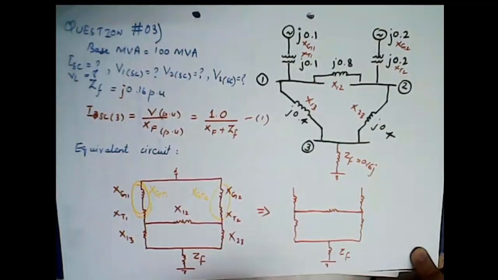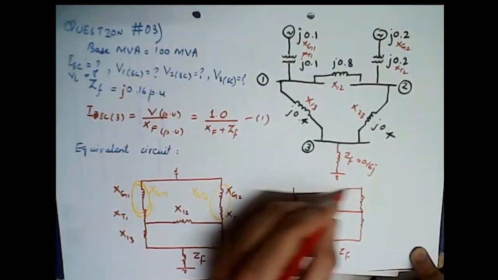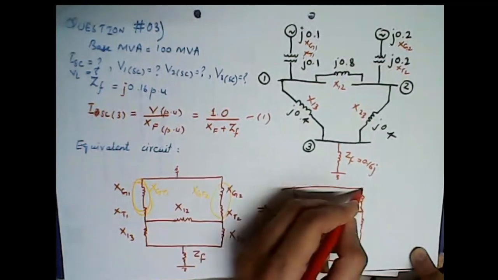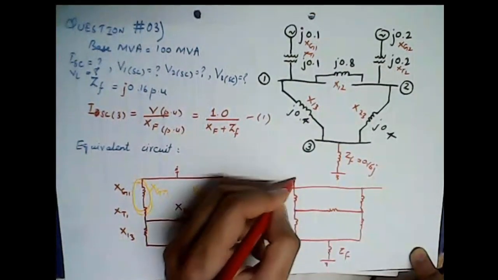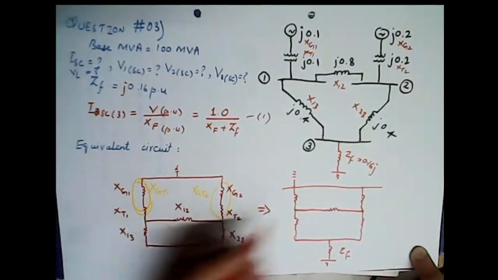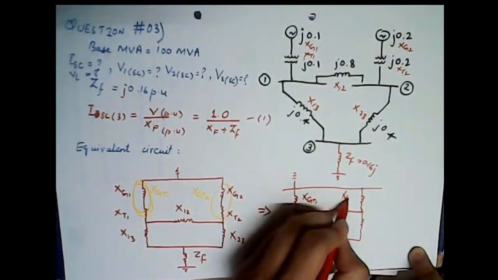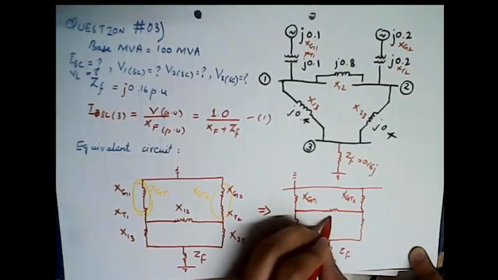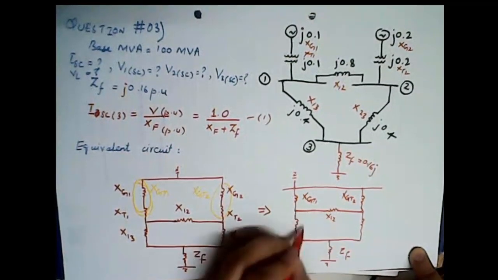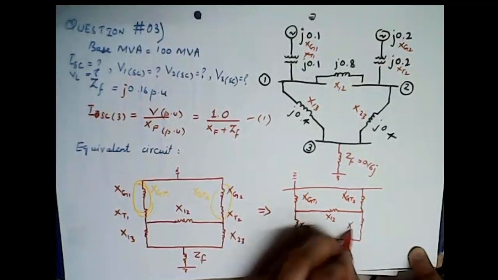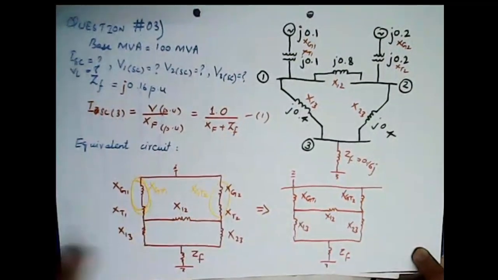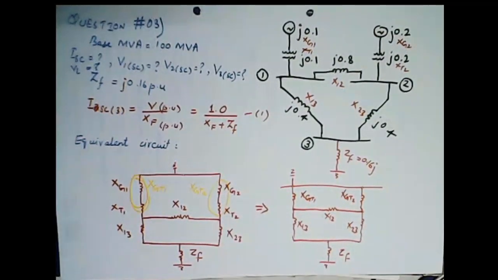ZF or XF, right? And this will be ground. So let's name it as xgt1, xgt2, then we have x12, x13, and x23, right?